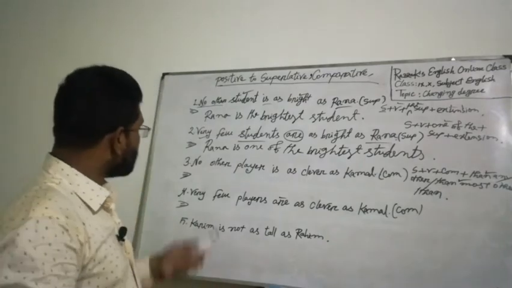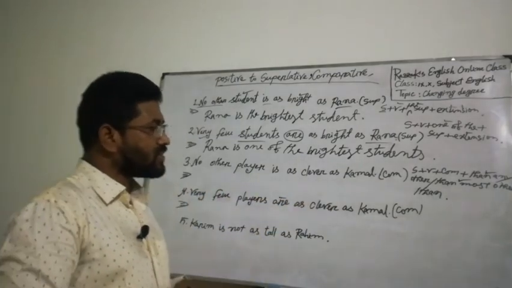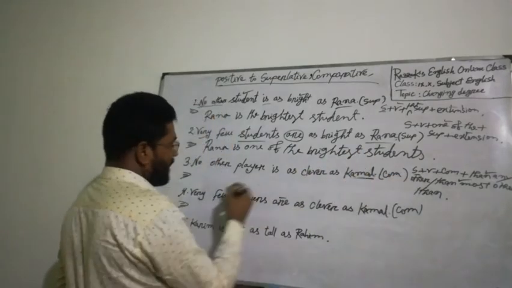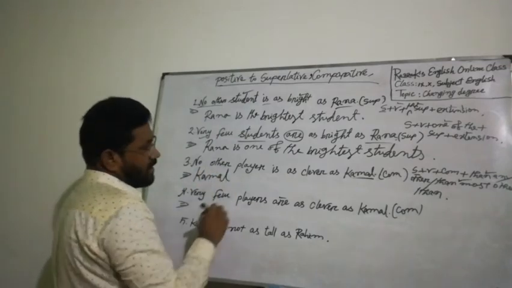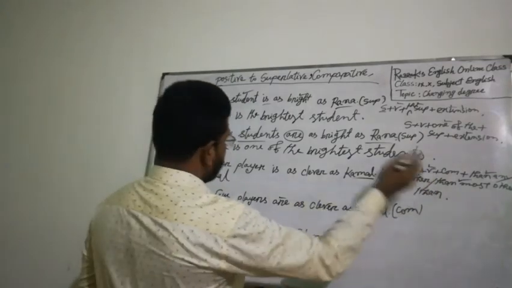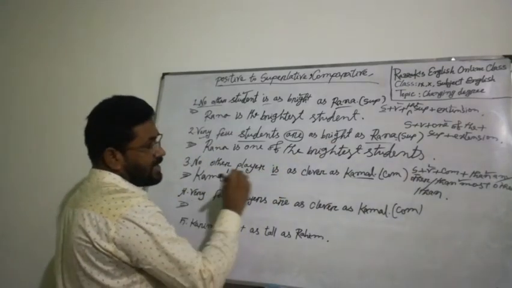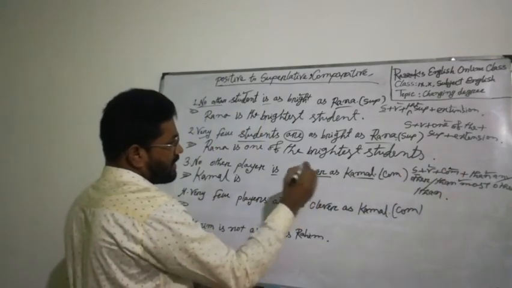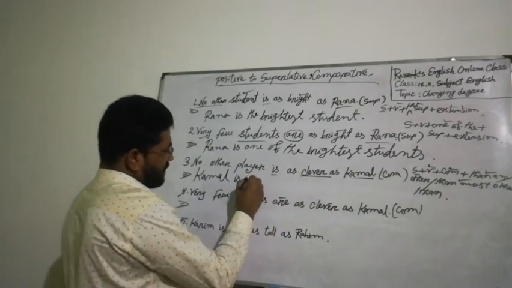Let's see the example. No other player is as clever as Kamal. Dear students, at first you should write the subject of the sentence. So the subject is Kamal. Then you have to use the verb. Verb is. Then you should write the comparative form of the positive form. The comparative form of clever is cleverer.